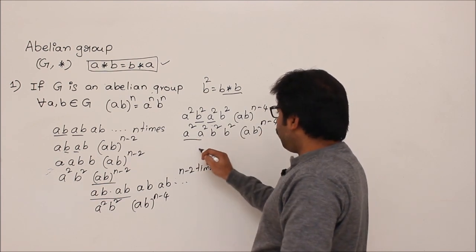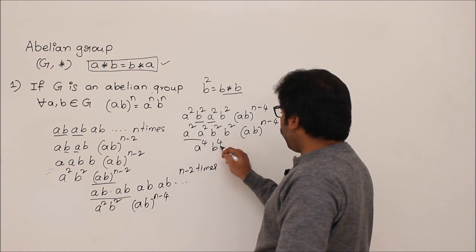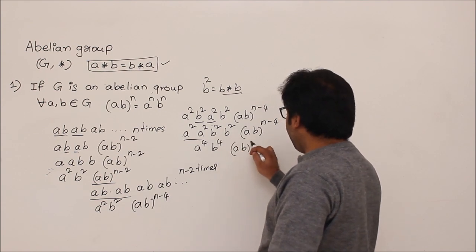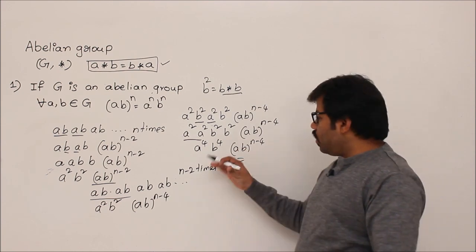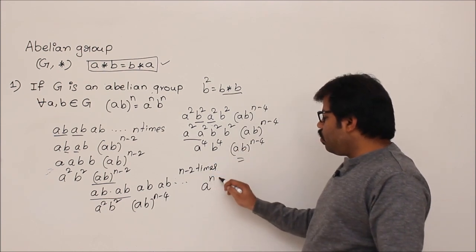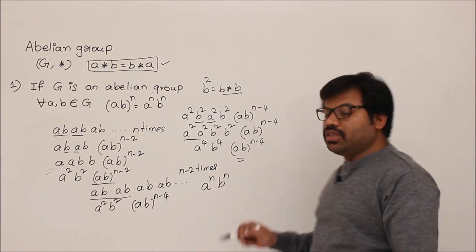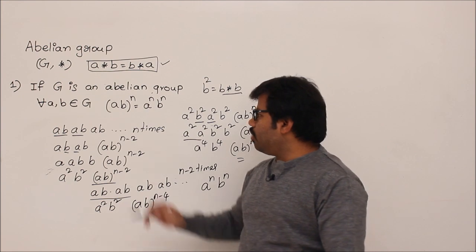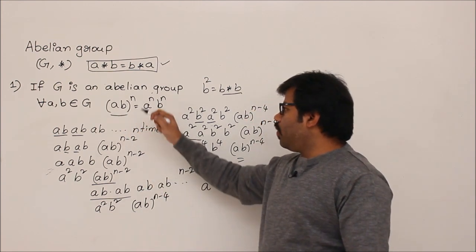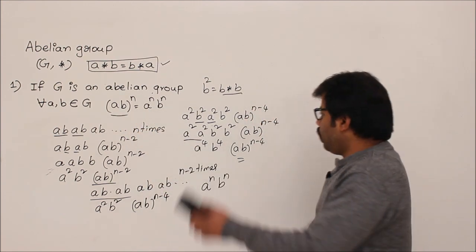So then it would become a power 4 b power 4 followed by (ab) whole power n minus 4. In that way, you understand the process, eventually we can entirely convert it to a power n b power n if we continue this procedure, correct? So this is about this result. Remember from now onwards, (ab) whole power n is always a power n b power n.